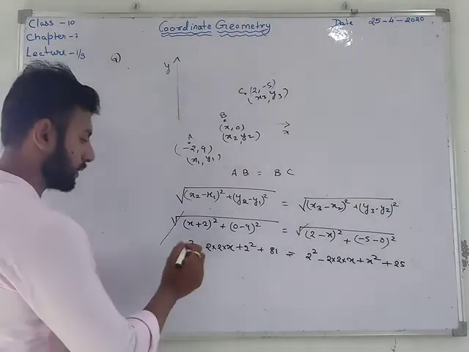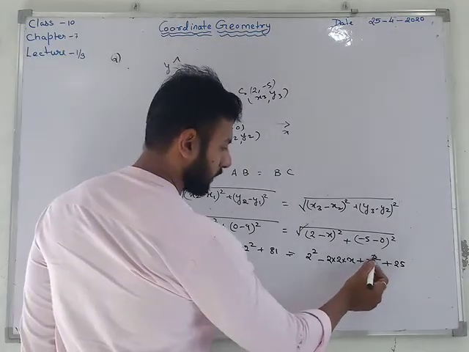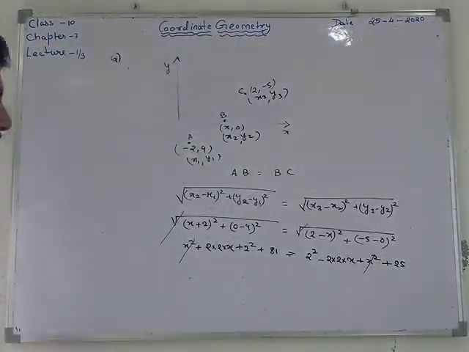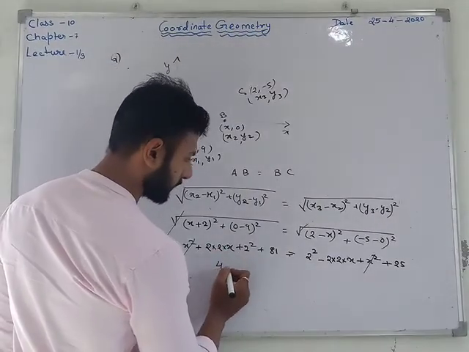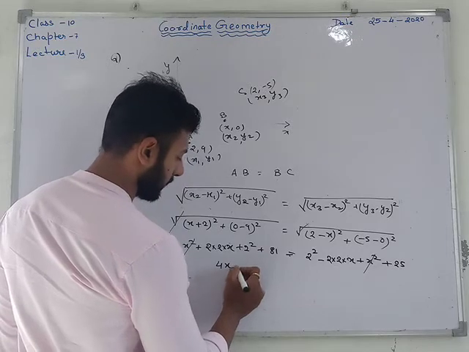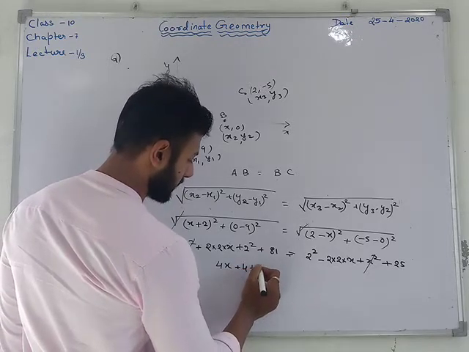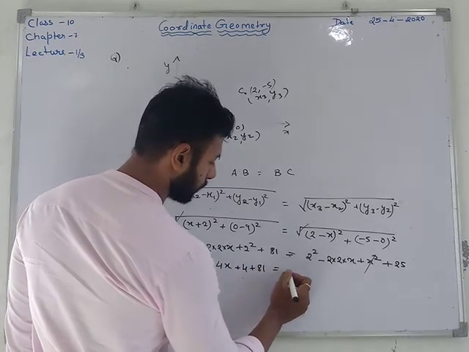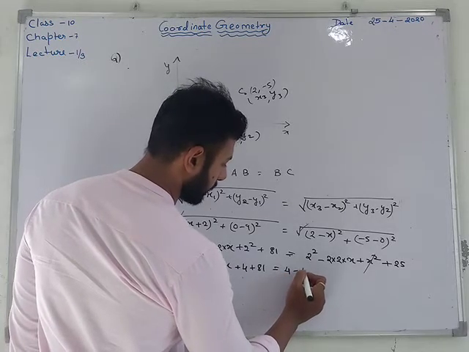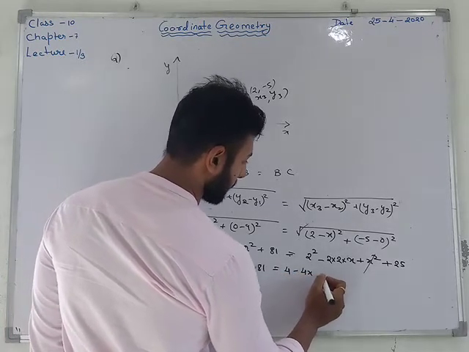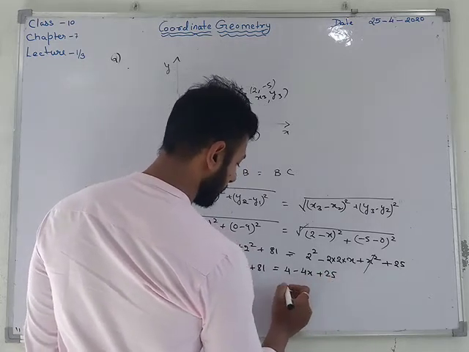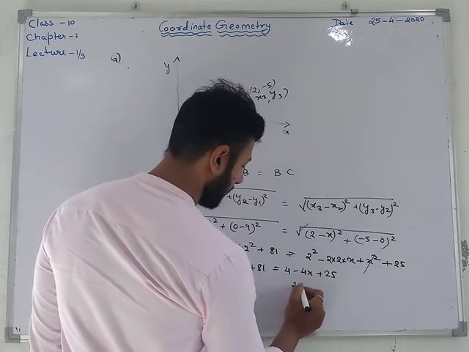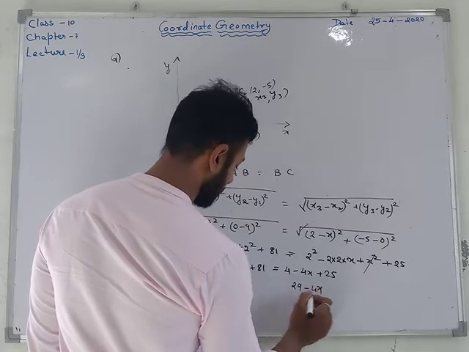Now x square will get cancelled out with this x square. Solving for the remaining terms, 2 2s are 4x plus 4 plus 81 is equal to 2 2s are 4 minus 4x plus 25. Solving these two terms, we will be getting 29 minus 4x.